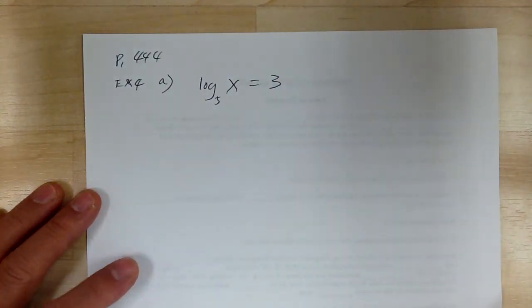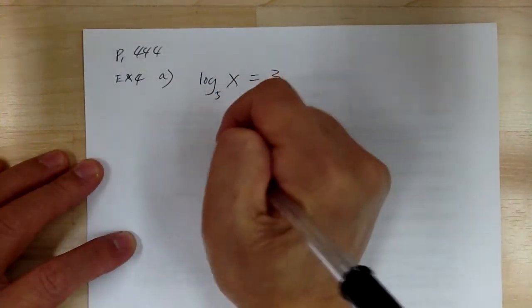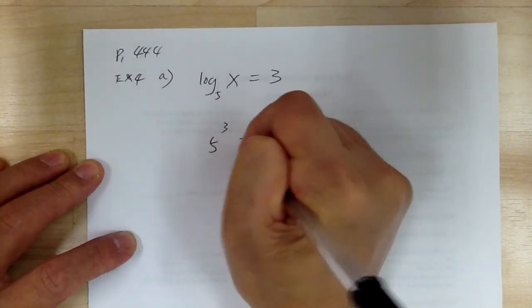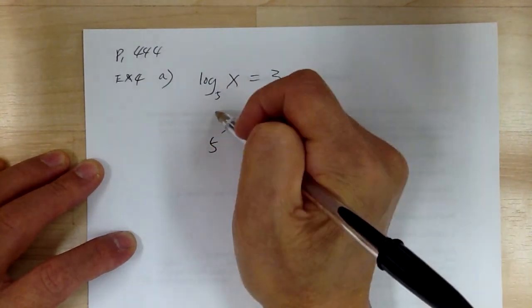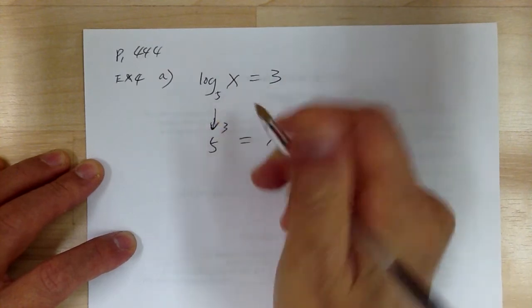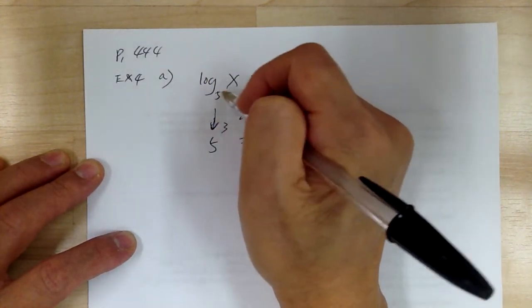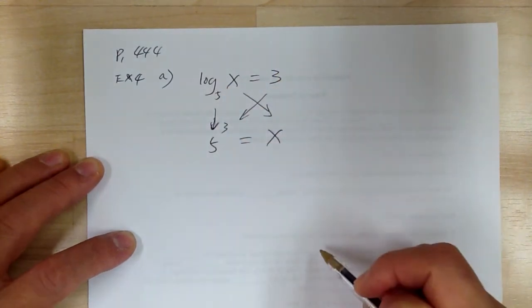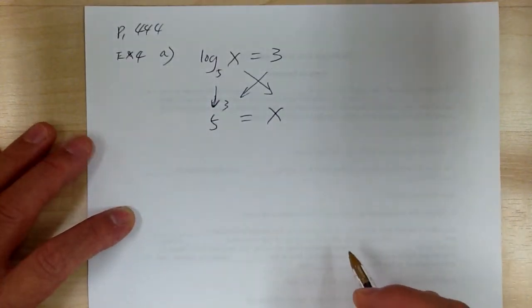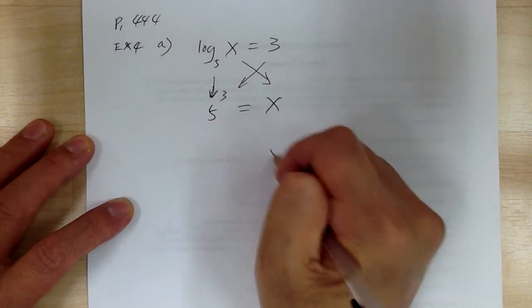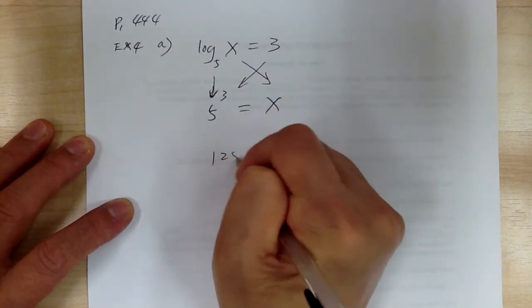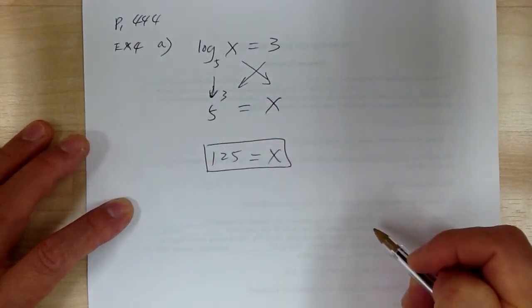So same thing, you're just going to change form. So you're going to get 5 to the 3 equal to x. Right? Again, base always stays. Keep the base in the same place, and when you change the form, you switch the x and the y. Right? Switch the two numbers. Okay. Then after that, you evaluate. So x equal to 125, and that's it.